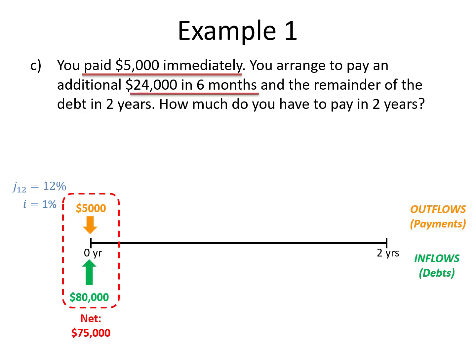And then we have our $24,000 that gets paid in 6 months. So I draw half a year later, because that's 6 months. There's the $24,000 payment, and I put that on the payment side of my timeline. And then the remainder of the debt is being paid in 2 years. I'm going to put that at the 2-year mark, and that's what we're trying to solve for.